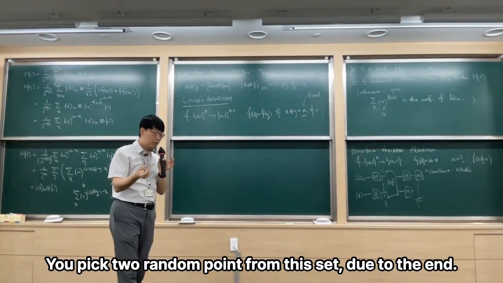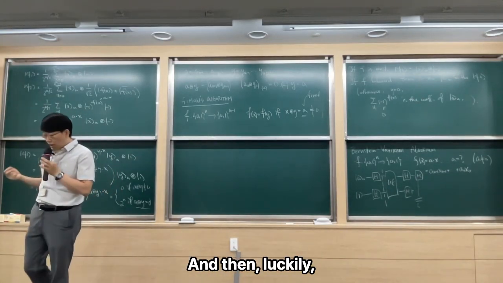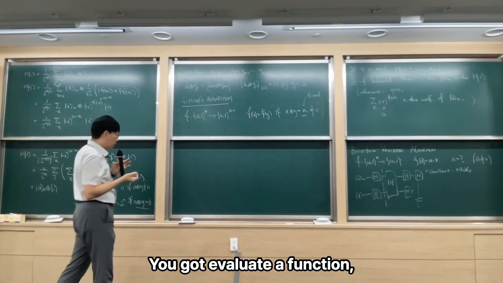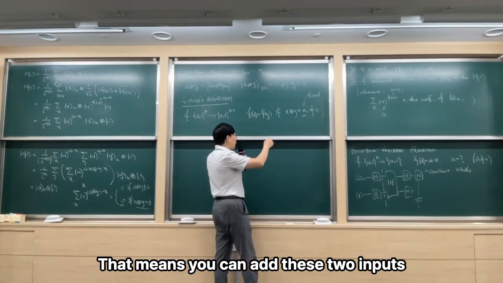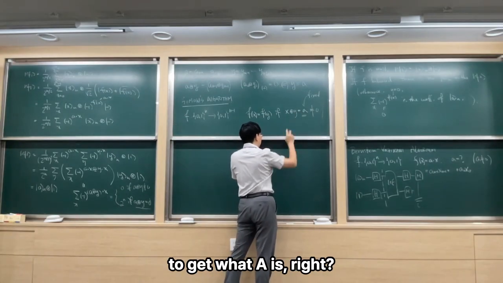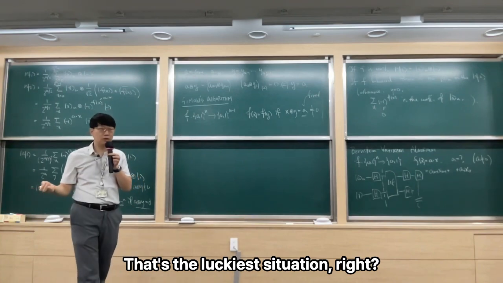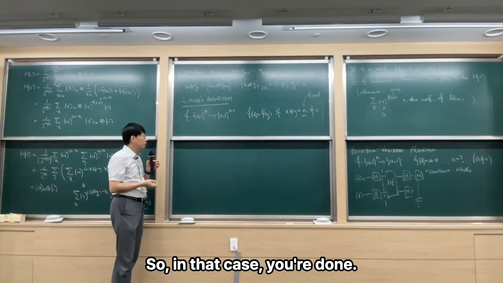You pick two random points from this set, 2 to the n, and luckily you get the same value of the function, right? That means you can add these two inputs to get what a is. That's the luckiest situation, so in that case, you're done.